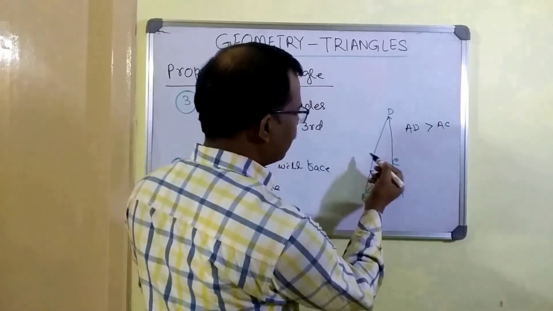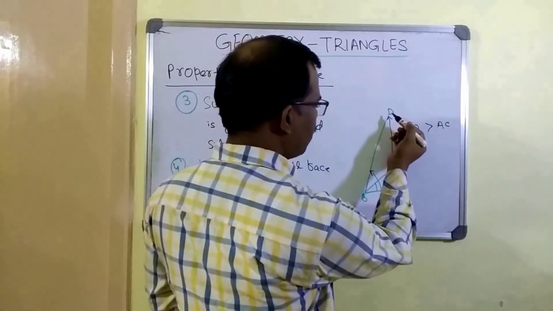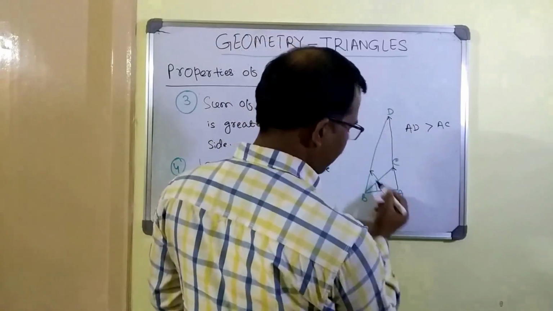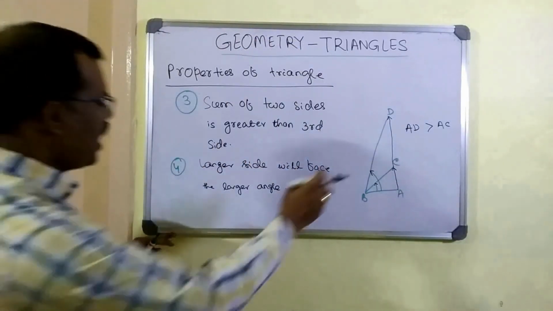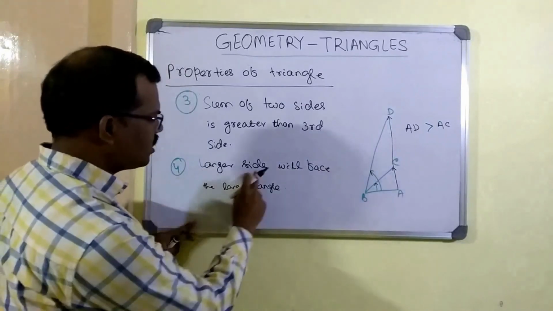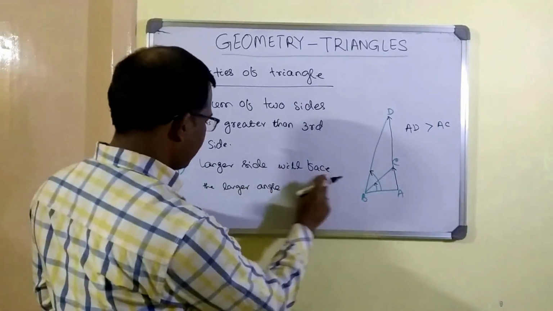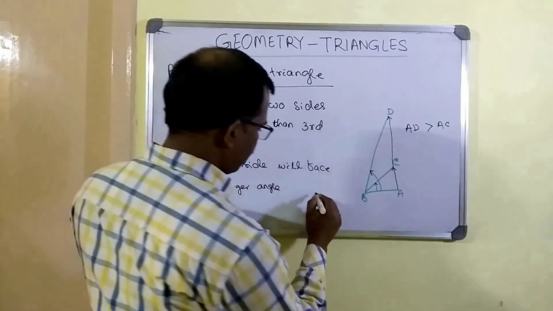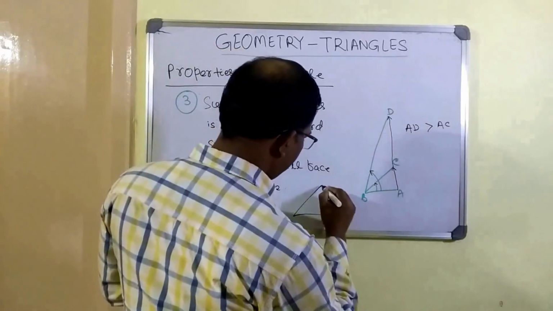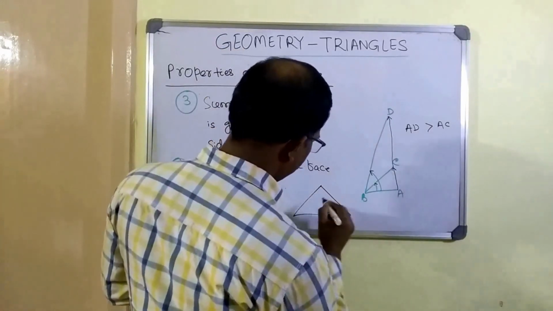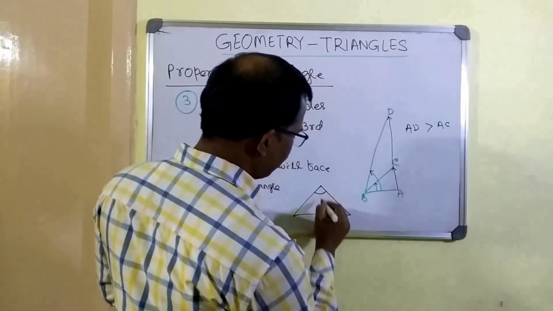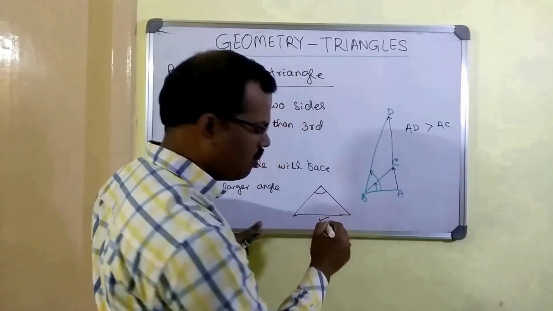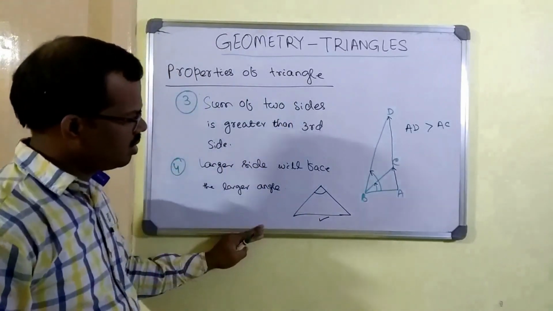The larger the angle, the larger the distance that you have to cross to cover the angle, right? So that explains that the larger side will face the larger angle. So if it is a triangle, then the side which faces the larger angle will be the larger side.